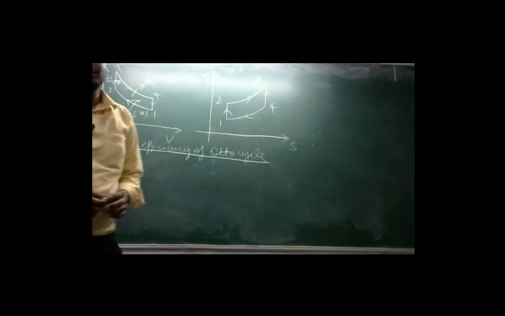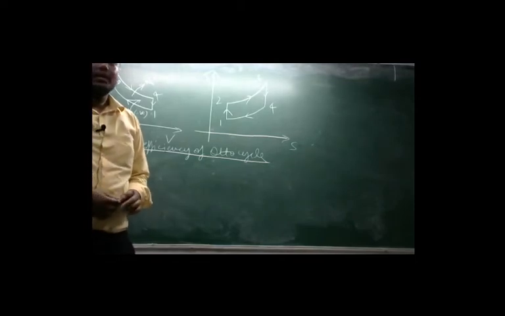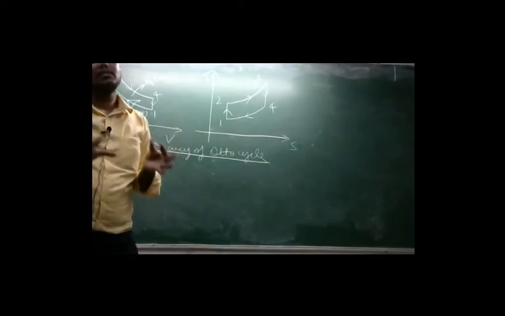Now if you talk about heat transfer, then 2 to 3 is heat addition. Heat addition means heat comes into the system. Let us assume this heat is represented by Qi. You have studied in thermodynamics that the sign convention of heat is opposite to the sign convention of work.